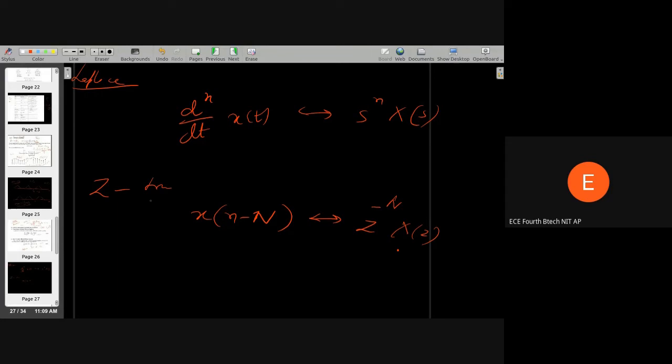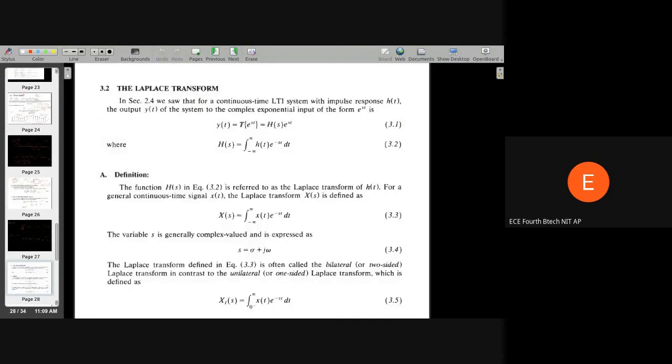So now let's go straight to what a Laplace and Z transform is. As I said, see what's happening here is the inner product between this signal h(t), it could be any signal x(t), and this increasing or decaying sinusoid, e to the power minus st, where s equals sigma plus j omega.